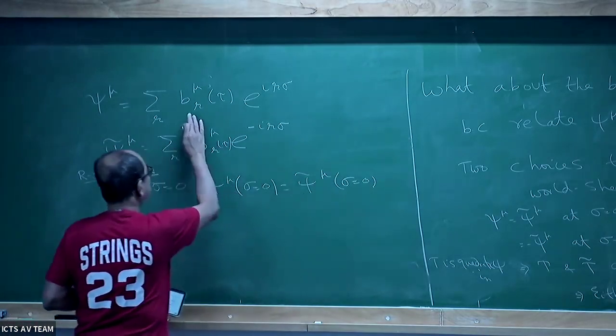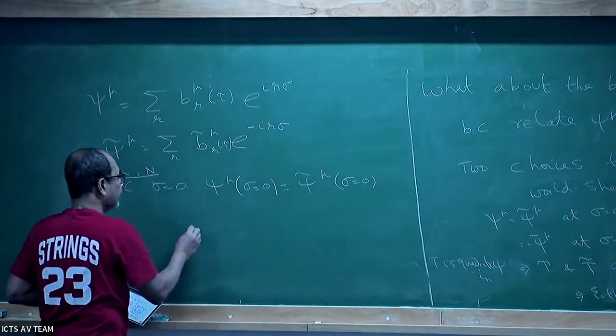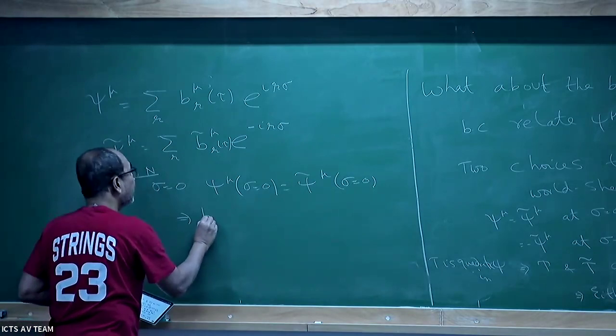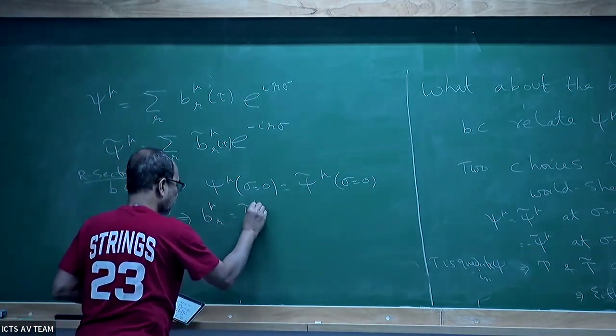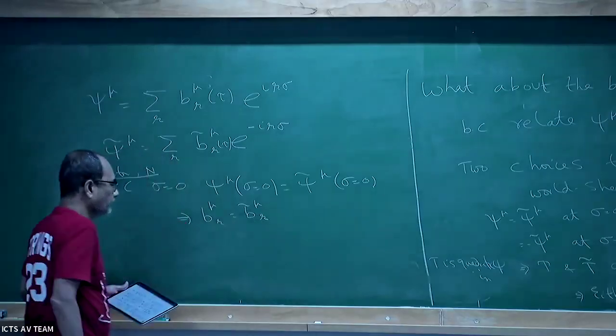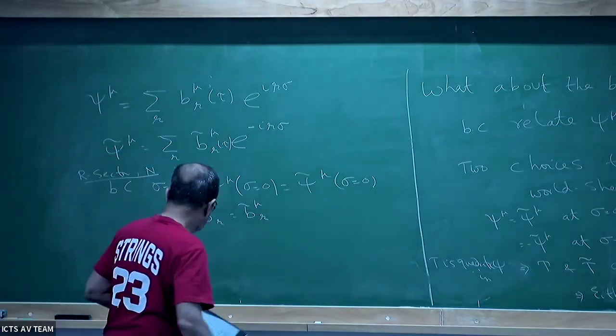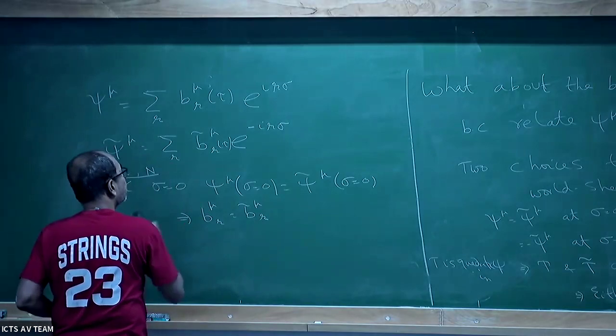So if you compare these, you will get that b mu r should be equal to b tilde mu r. I can put the tau dependence in any case.